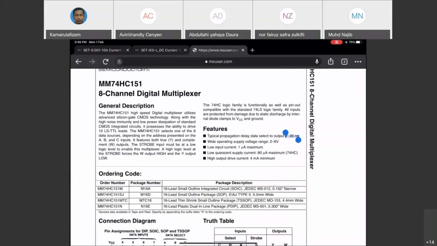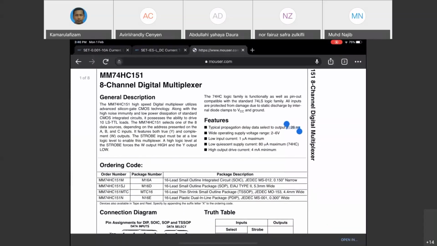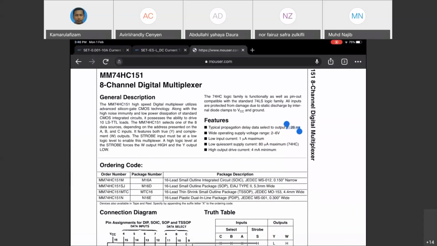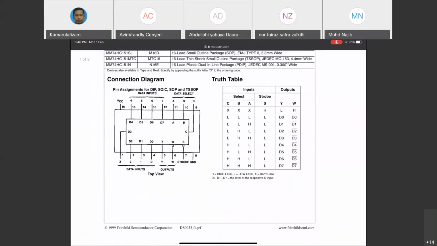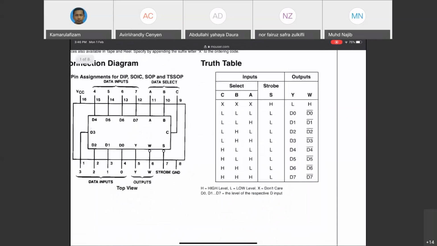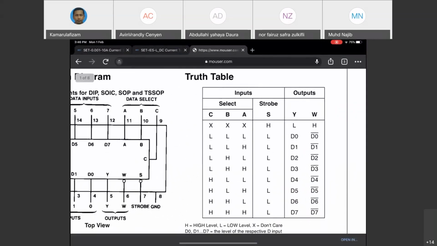So basically you know what kind of sampling frequency you need, so that you can select the right switching speed for the multiplexer. Of course, with a multiplexer, you always have to select the channel. The selection of the channel is basically done using the CBA inputs.